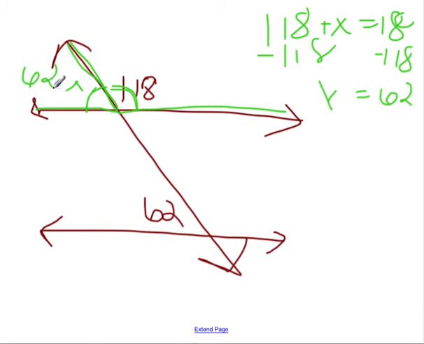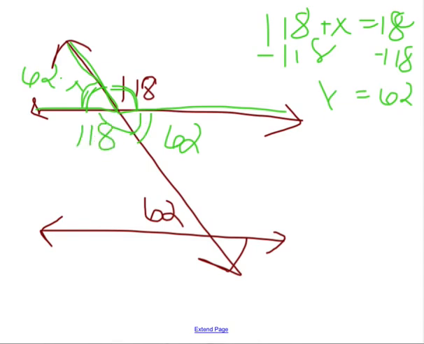Let's talk about vertical angles. This angle right here is vertical to that angle, so this angle has to be 62 degrees. Remember, vertical angles are equal. Likewise, this angle is vertical from 118, so that also has to be 118.